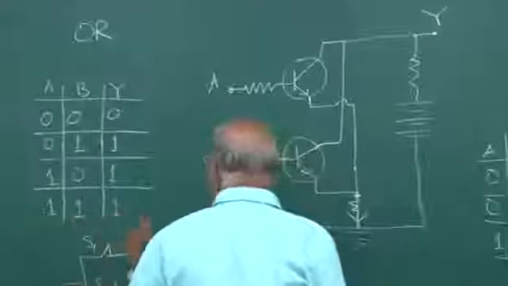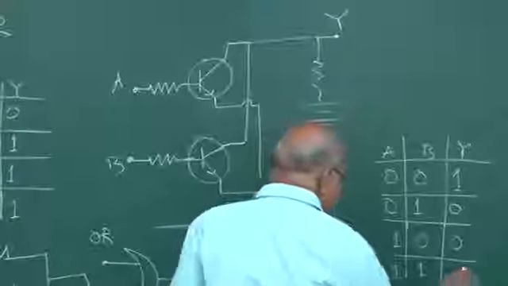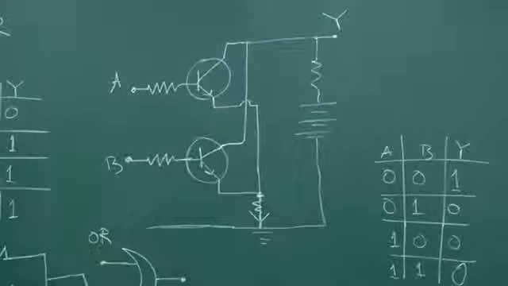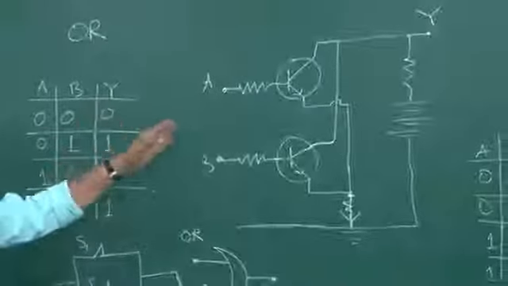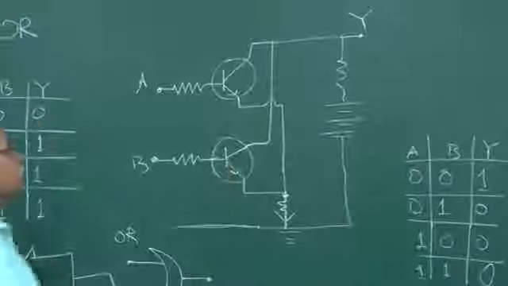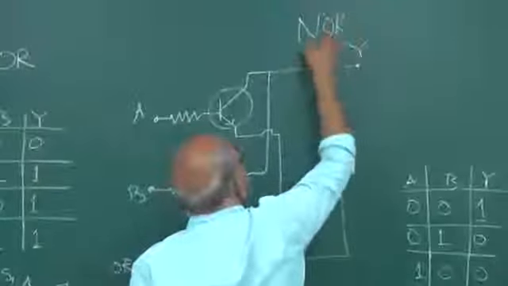And 1 1 was 1, so 1 1 will be 0. So wherever there was 1, it becomes 0. Wherever there was 0 in the output, that becomes 1. So it is NOT of this, and this is known as NOR gate, N-O-R, NOR gate.